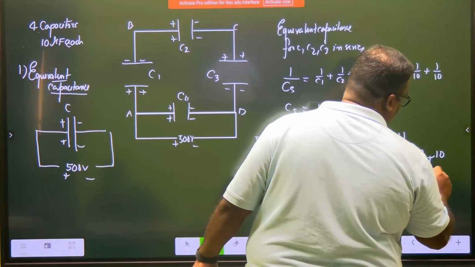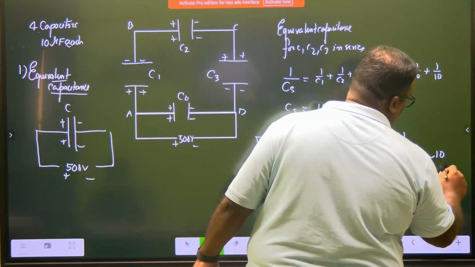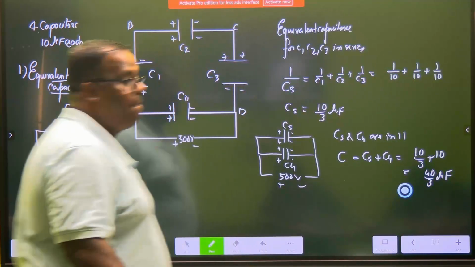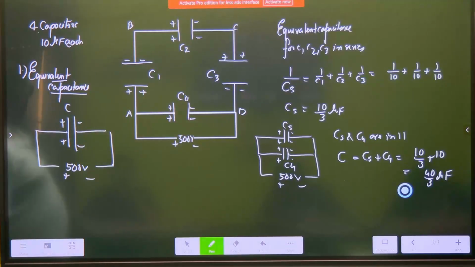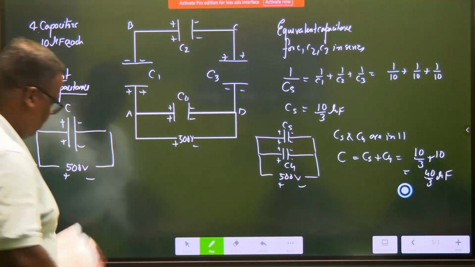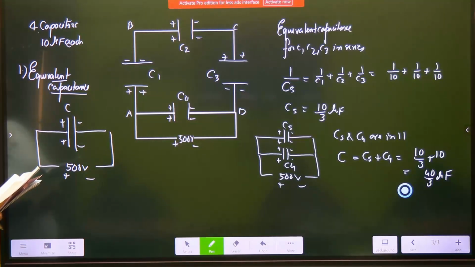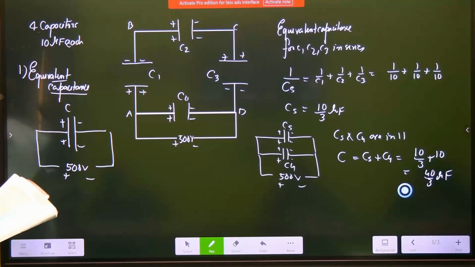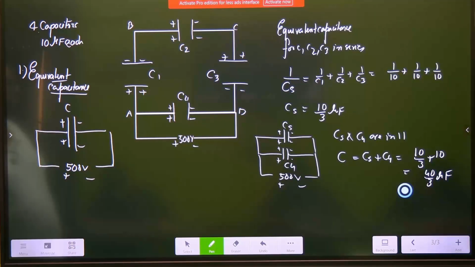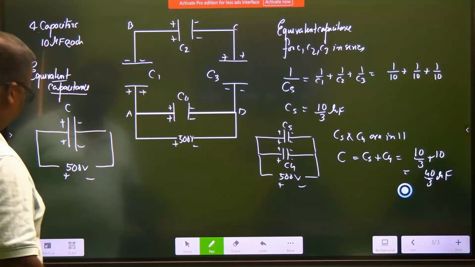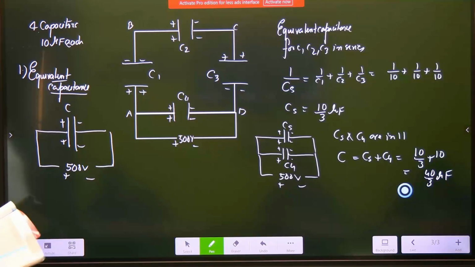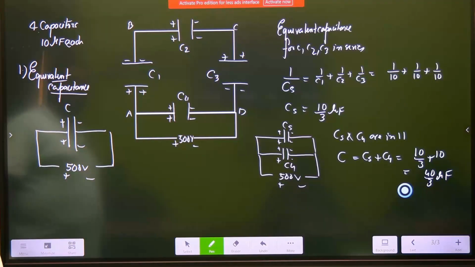So that is 40 upon 3 microfarad. Did you understand? That was the first part.